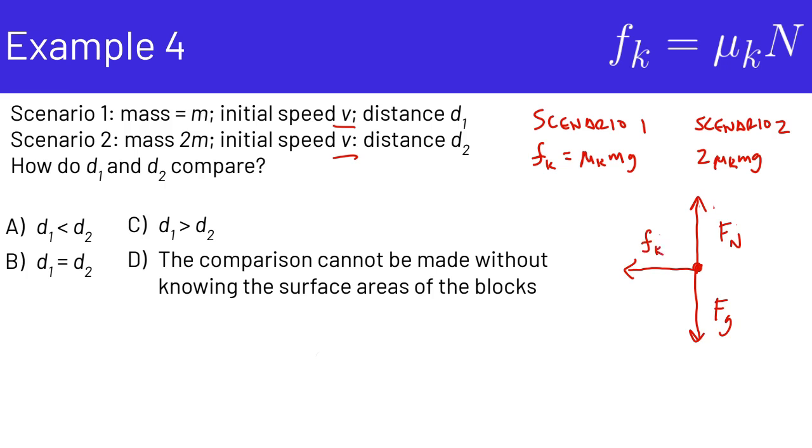All right, so if we do a sum of forces in the x direction, we have minus the friction force is equal to mass times acceleration. There's no force in the rightward direction, so the only force acting is in the leftward direction, and it's slowing the block down.